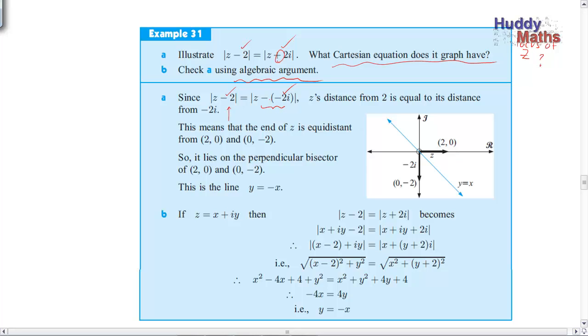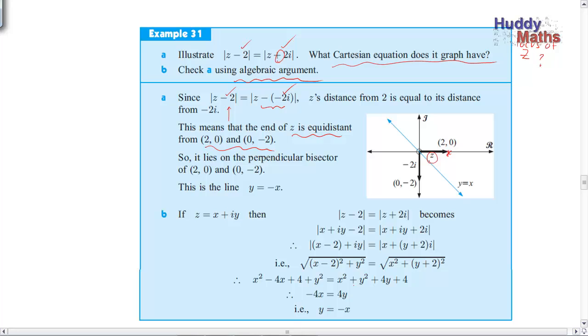Distance from Z to 2. So here's 2, 0 out here. The distance of Z from 2 is the same as it's from neg 2i. So we're looking for Z, and there's 2, 0, there's neg 2i. So Z is equidistant from (2, 0) and (0, neg 2).